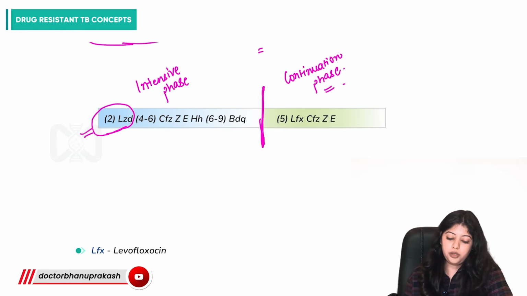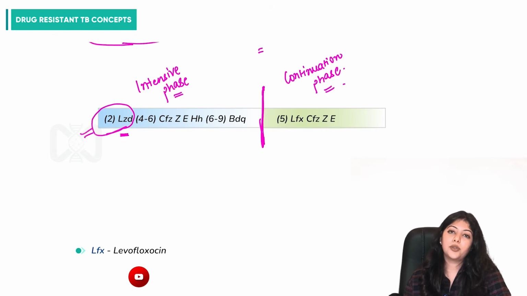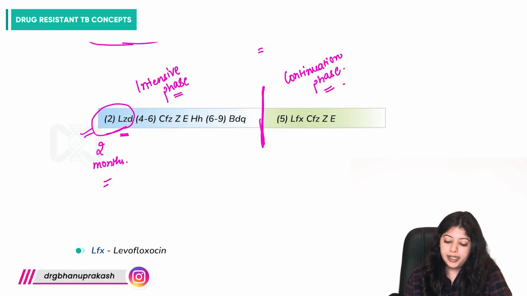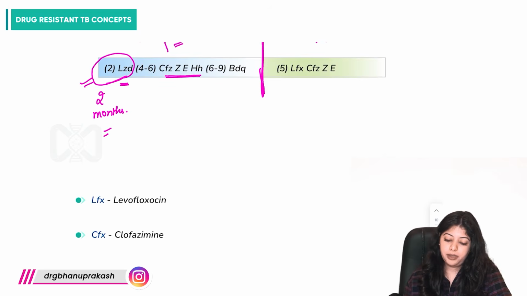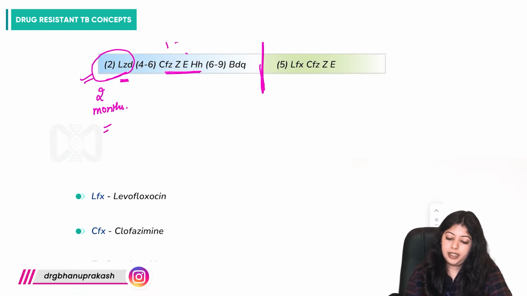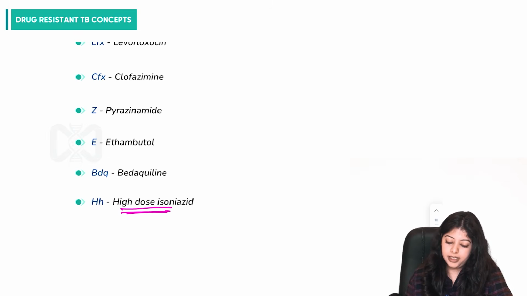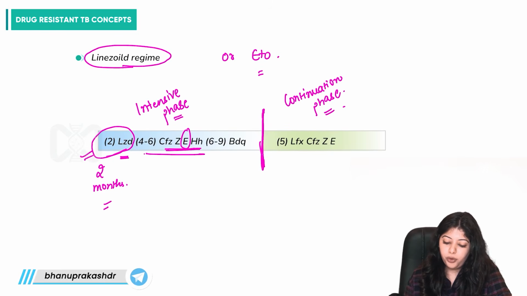Now for the intensive phase, the very first drug, linezolid, is only given for 2 months. The next 4 drugs, clofazimine, pyrazinamide, ethambutol and high-dose isoniazid, are given for 4 to 6 months.